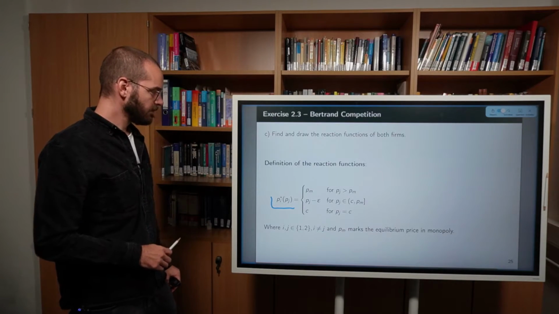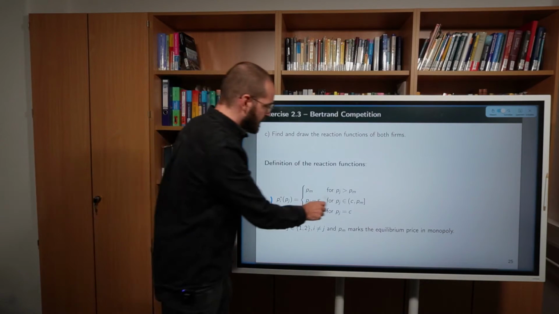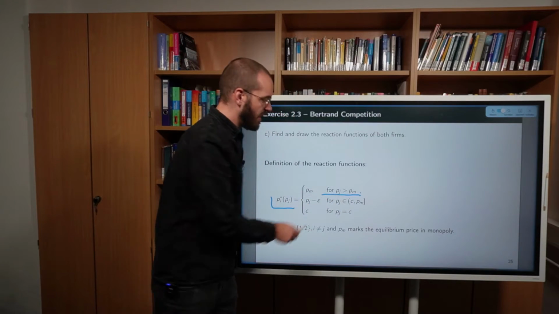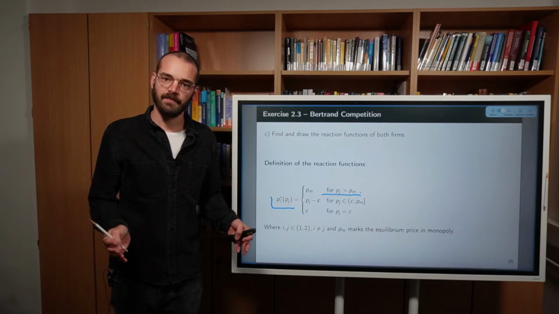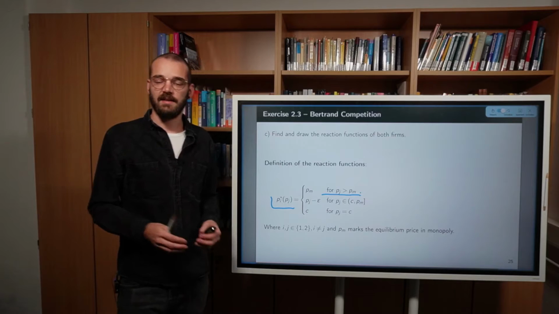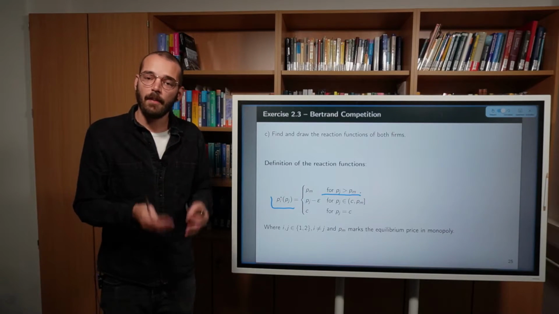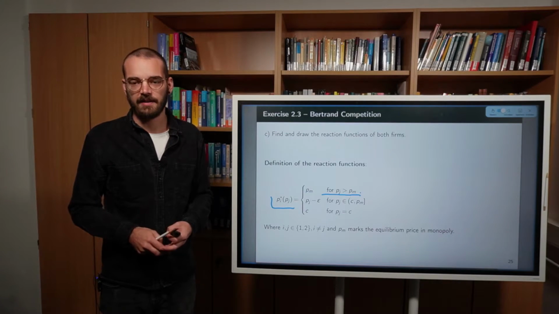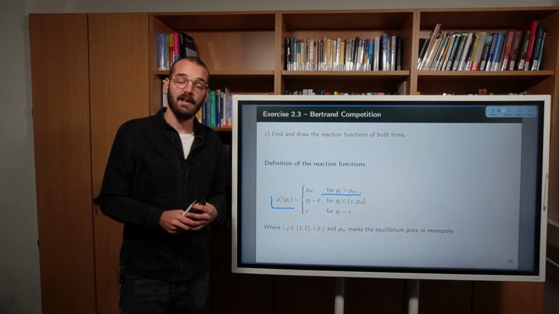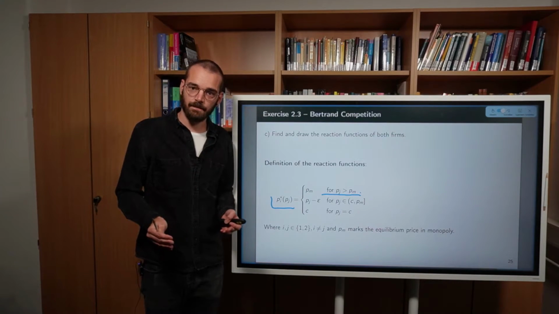Okay, as I promised, let's start with the high prices. What happens for any price of firm j which is even larger than the monopolist's price? Well, we know from analyzing the monopoly in the previous assignment that the monopolist price is the absolute profit maximum in the market. There cannot be a price that yields even larger profits.